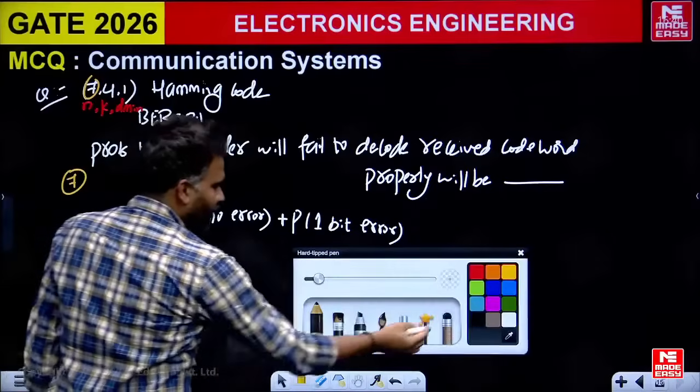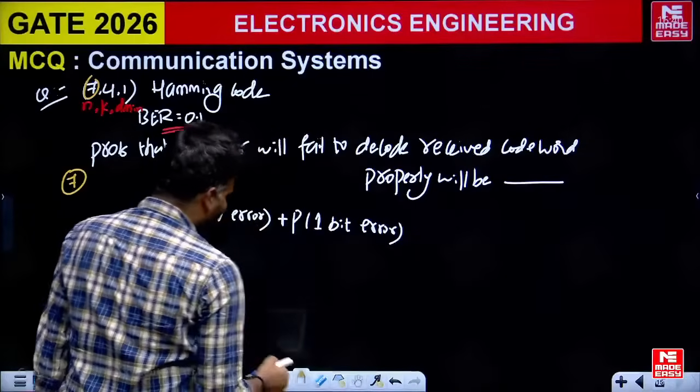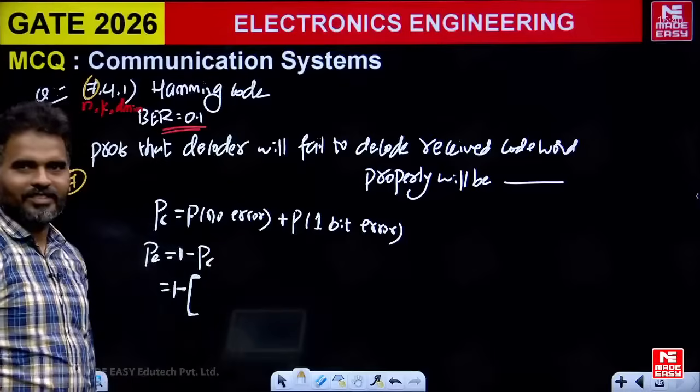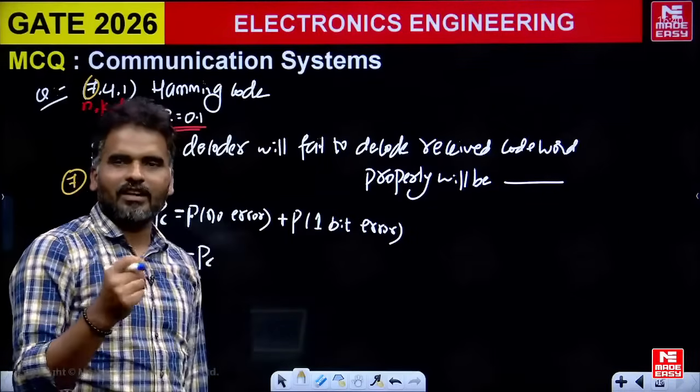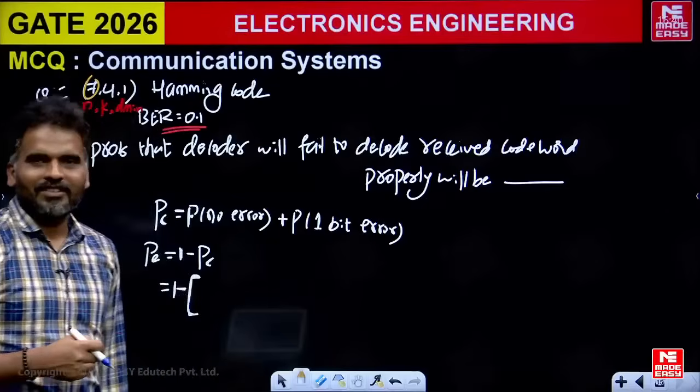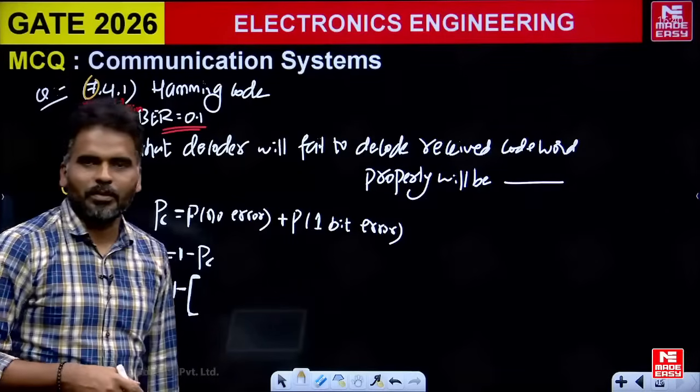Among the transmitted 7 bits, what is the probability of 0 errors? When n bits are transmitted, the probability of getting r errors in the received code word is nCr p^r (1 minus p)^(n minus r).